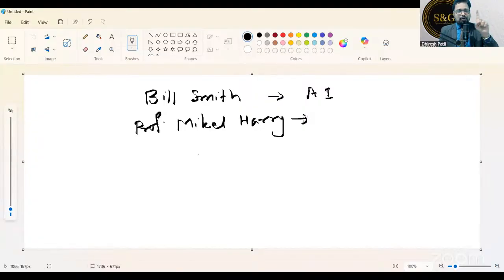Out of these, analyze and improve was the model built by Bill Smith. After that, that model was improved by Michael Harry with define and measure. Michael Harry said, before we go to analysis of the problem, let's define the problem clearly and collect the data clearly about it. That's where the define and measure phases came into existence.